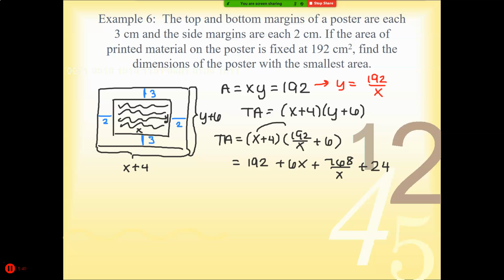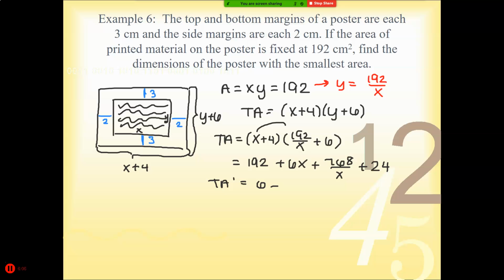What's nice about taking it this way and then taking your derivative is that the derivative of a constant is 0. So the 192 and the 24 are going to be totally gone when we take our derivatives. So I'm left with 6x minus, so that's kind of like x to the negative 1.